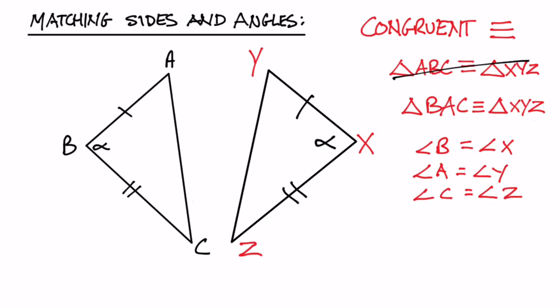And angle C equals angle Z. The corresponding or the matching sides: BA equals XY. And I know that because I went from alpha alongside 1 for BA. So I have to go from alpha alongside 1, gives me X to Y. Follow the same logic and I get those as my results.